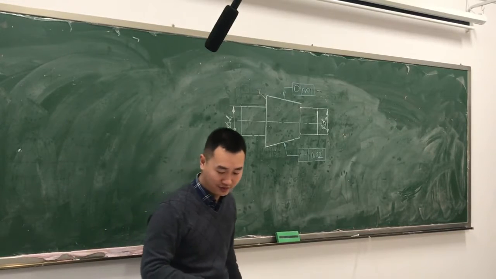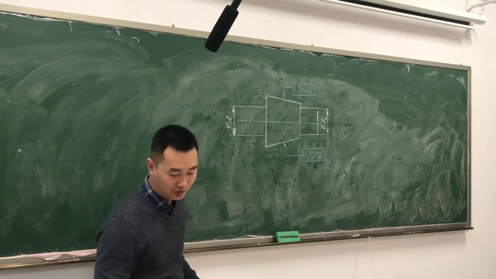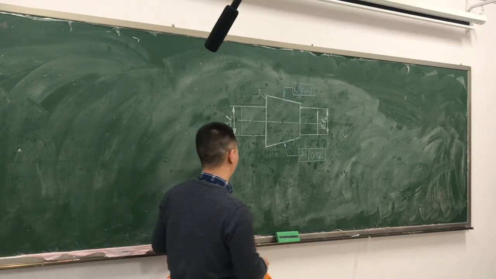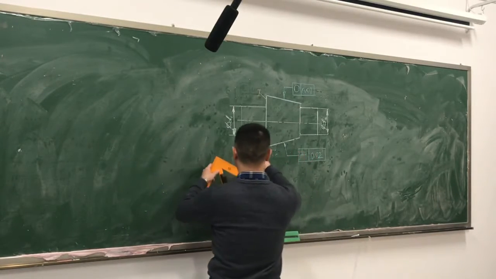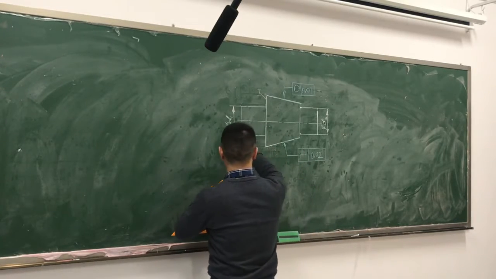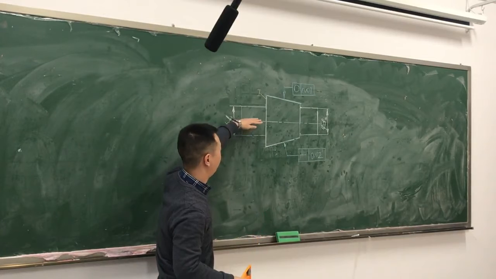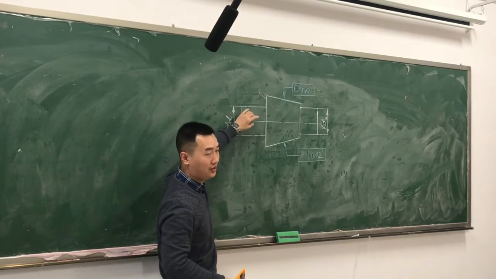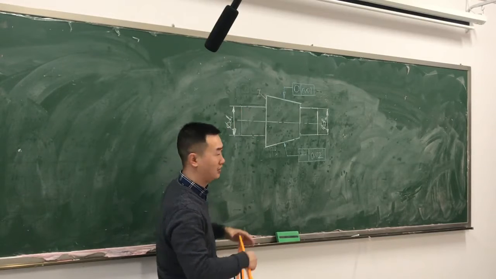And here, first we can label the datum, right? Here it has two datums, datum A and datum B. The datum A is the axis of the cylinder, right? So it is a center feature.